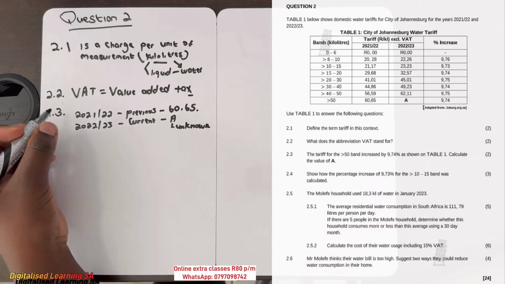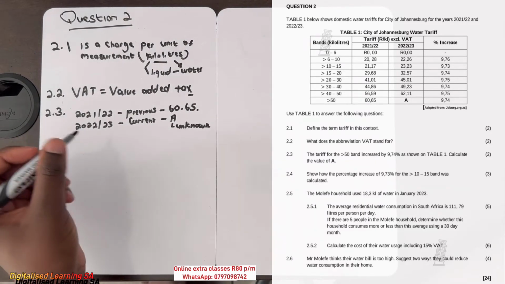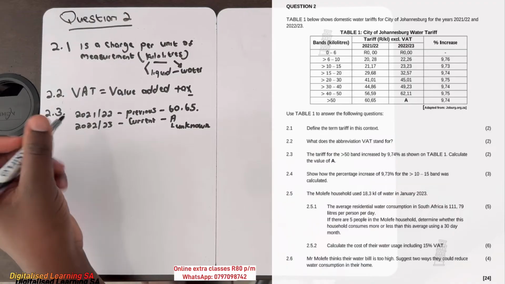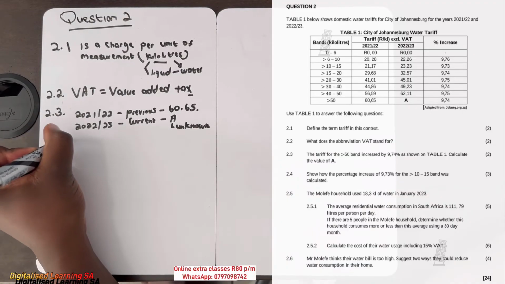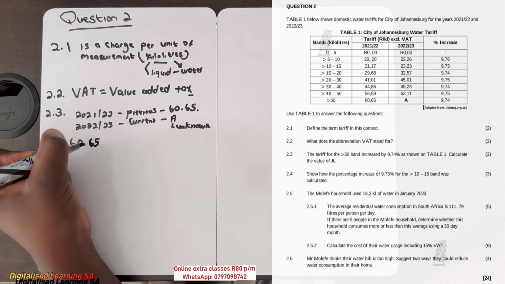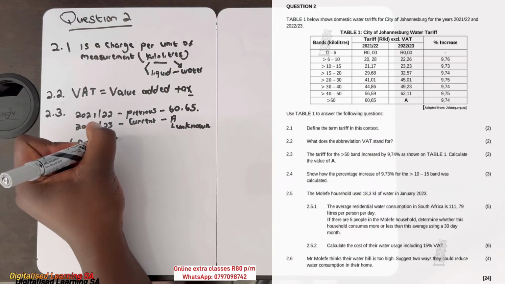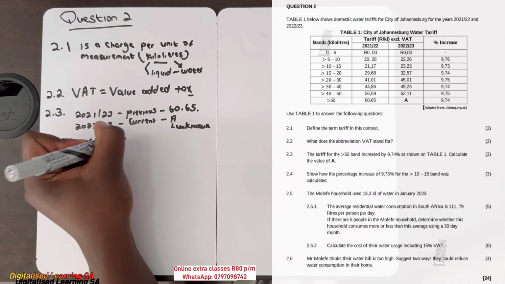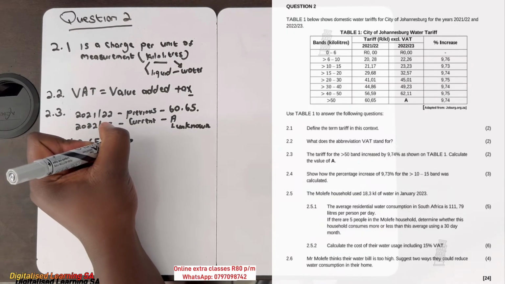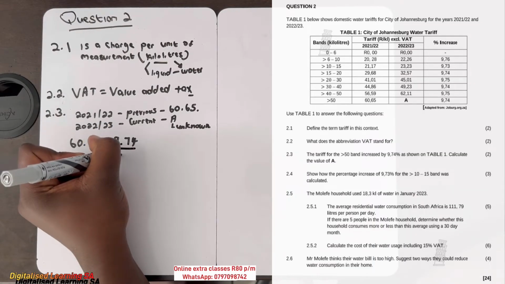And to do that, we are told that it has increased by 9.74. So to find the value of A, we take our 60.65 multiplied by 9.74 divided by 100.